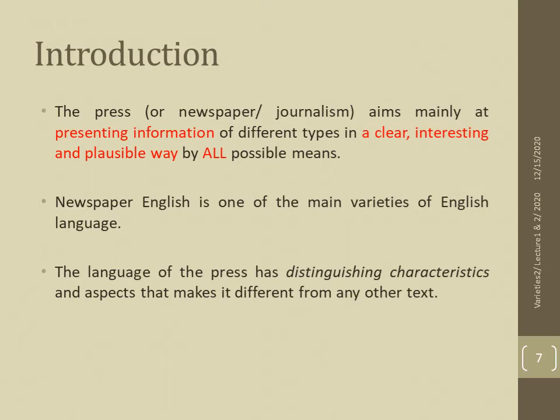The newspaper text is one of a kind and enjoys a host of aspects and characteristics that may not be found in other texts. All right, so this will be our mission in this class, to find out about all these aspects and distinguishing characteristics that make the language of the press distinctive and one of a kind.